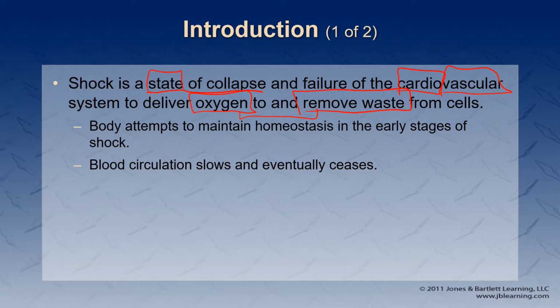So you can start to see where having an issue with any one or any combination of those things for whatever reason can precipitate a shock state. So I want you to see all the pieces that go into this so you have a framework as we move through the rest of this.